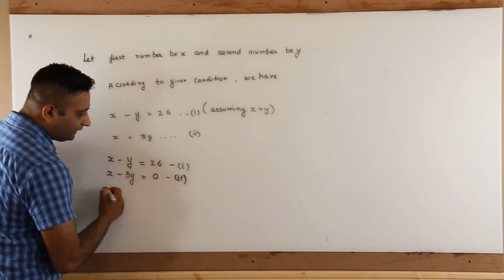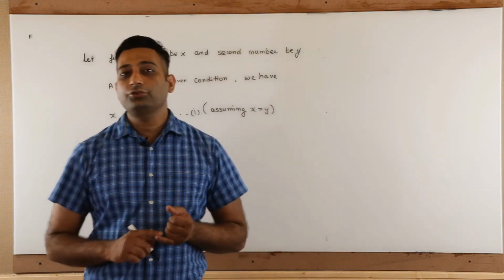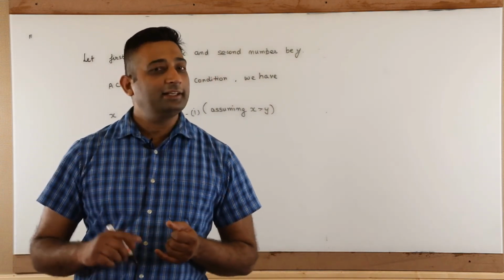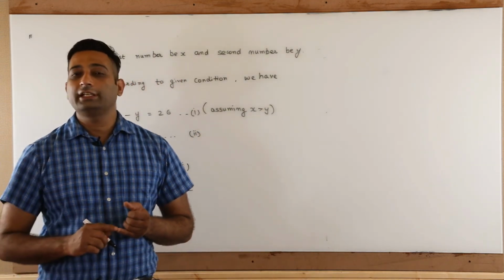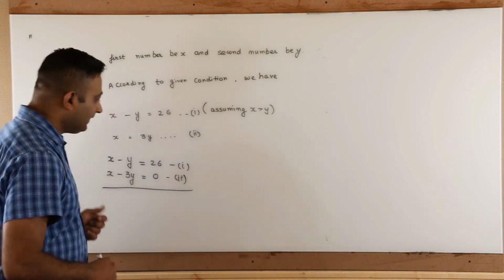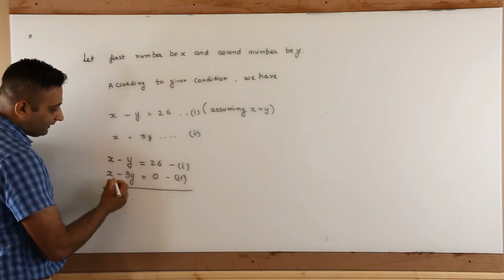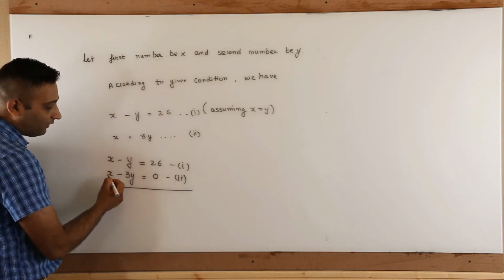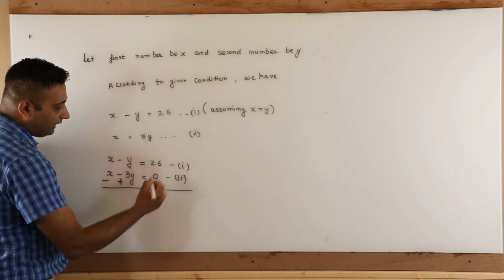Now using any one of the three methods we have discussed, that is substitution method, elimination method and cross multiplication method, we can solve this pair of linear equations in two variables. Let us try to find this by elimination method. So in this the coefficients of x are already the same, so we have to just subtract these two equations.